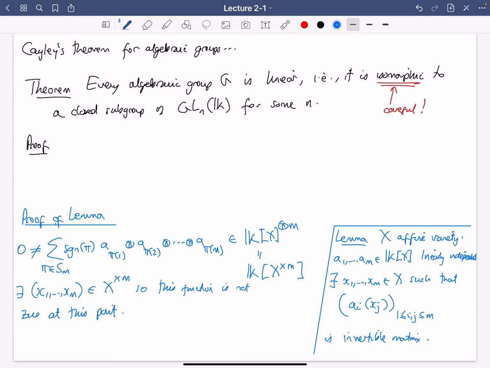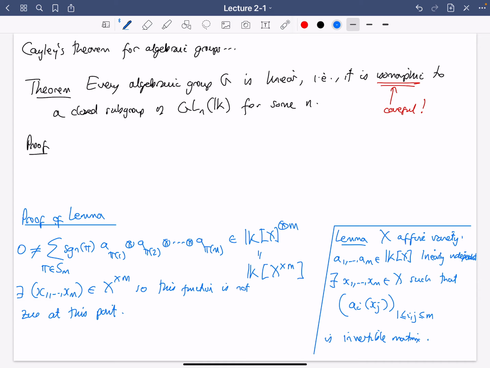So this is really the Nullstellensatz in the background here. If you've got a non-zero function, that means you could find a point on which it's not zero. That's not the Nullstellensatz or anything. That's just because this is an algebra of functions on this set.